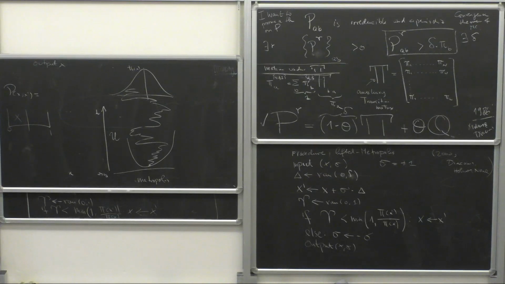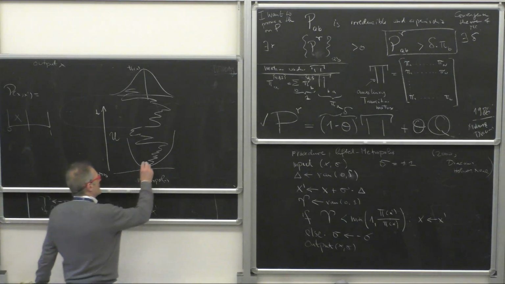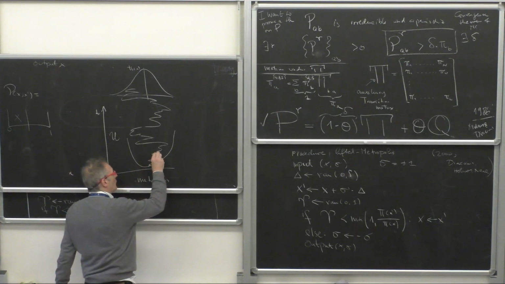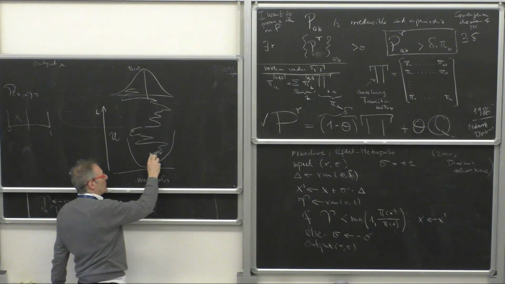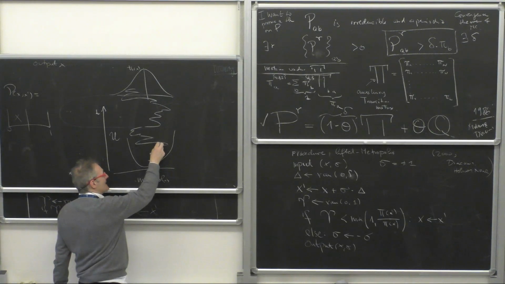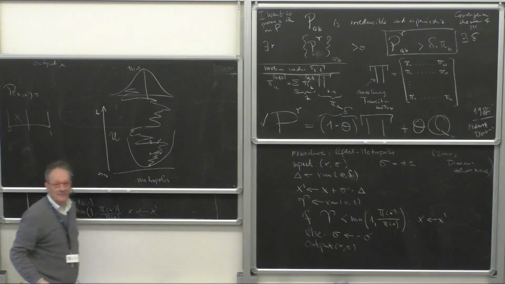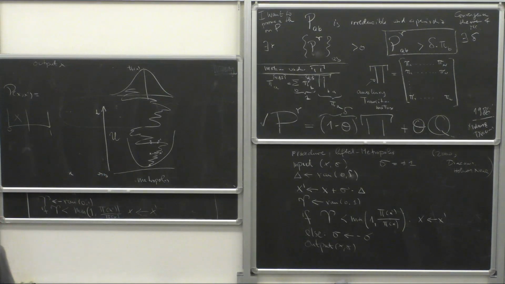And the detailed balance condition is such that the flow from x to x prime, when you do this trajectory, is exactly with the same probability as later on you move from x prime to x. That's the detailed balance condition of 1953.